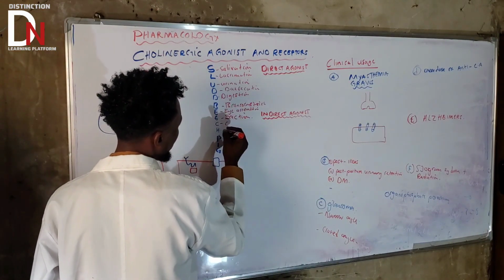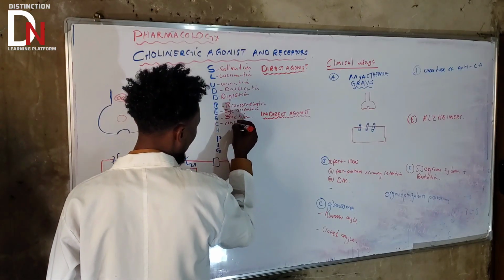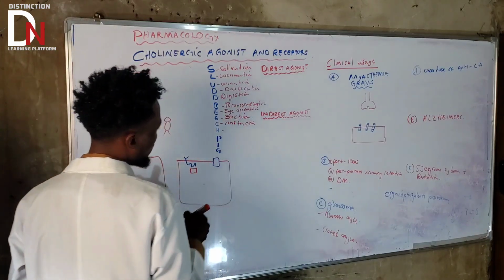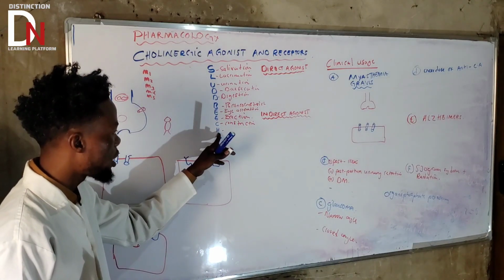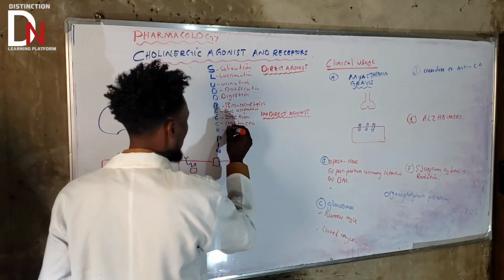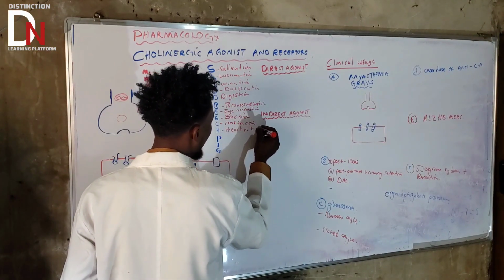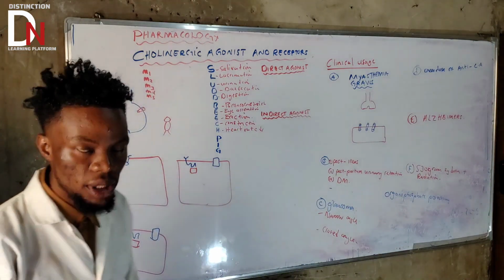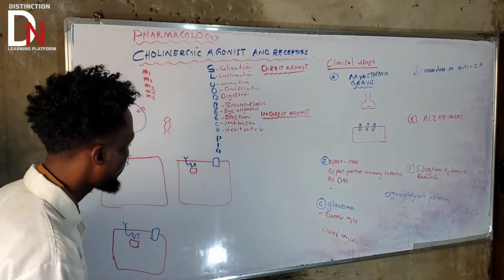Not bronchoconstriction, but pupillary constriction. Okay. The other H is for heart rate. Basically, if you talk about heart rate, the parasympathetic or cholinergic system is going to decrease heart rate.